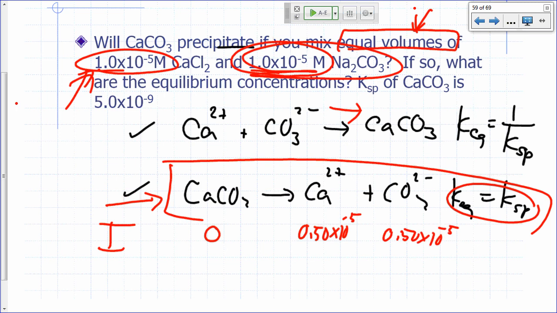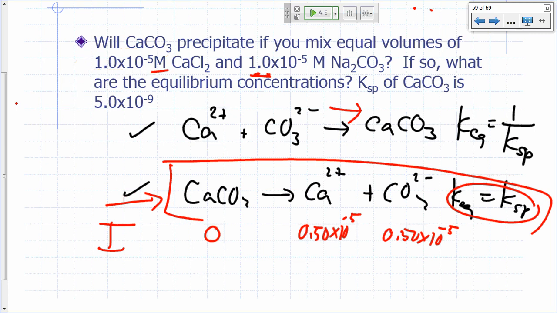This question is asking whether precipitation will occur. What does it mean if precipitation occurs? Which way does the reaction go? The question is really asking, will the reaction go to the left? Going to the left is precipitation.